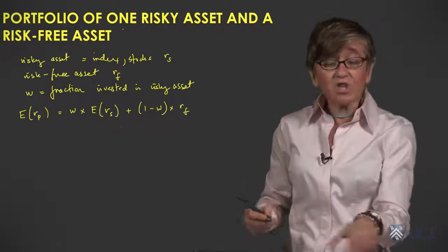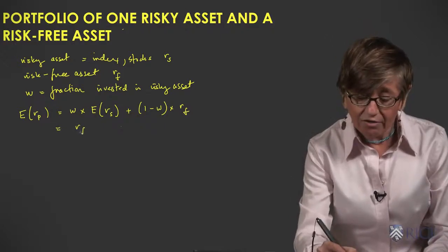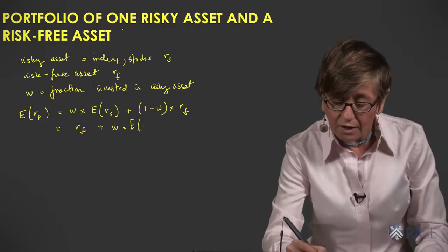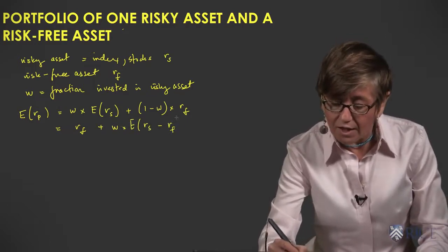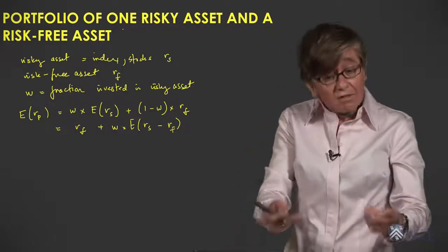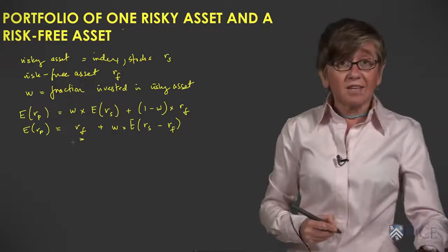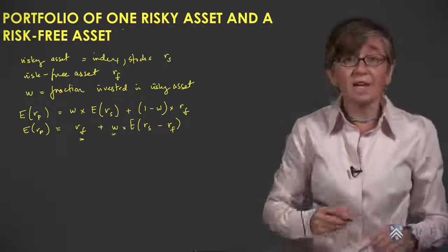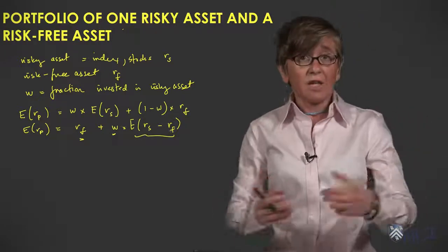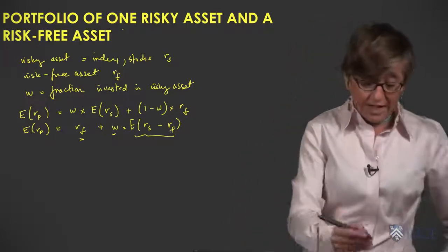So I can actually rewrite this, using some algebra, and you can write it as the risk-free rate plus the weight times the expected return on the risky asset minus the risk-free rate. That makes sense, right? What is our expected return on this portfolio? Well, it's whatever the risk-free rate is plus however much we invest in the risky asset times the excess return that we're getting on that risky asset or risky portfolio. What about the variance? Well, we know how to write that down too, right?